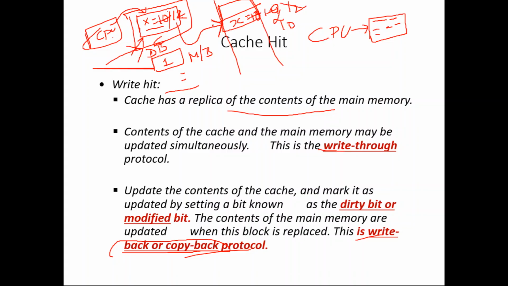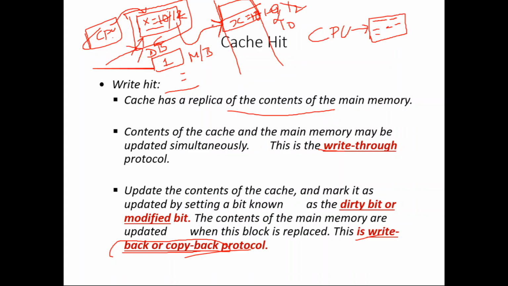And write back protocol or copy back protocol says initially you just keep updating only the cache memory. Don't make any change in the main memory. But whenever you make any change in the cache memory, make the dirty bit 1. Make the dirty bit or the modified bit set. If the modified bit is set, it means that some change has been made in the cache memory.